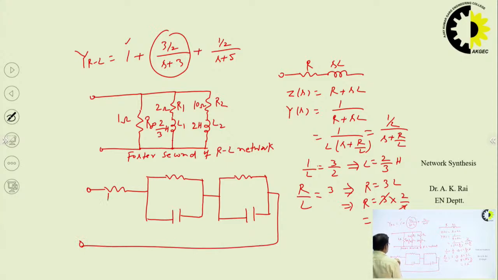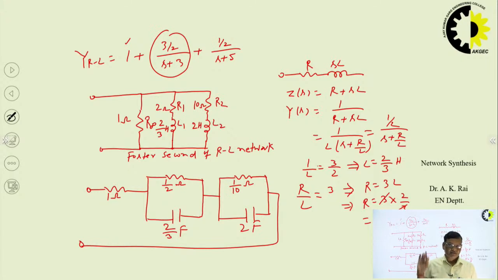So this is 1 ohm, this will be half ohm, 2/3 farad, this is 1/10 ohm, and this is 2 farad. Okay. If you go for the partial fraction expansion, considering ZRC and try to find the values of K1 and K2, we can get this.